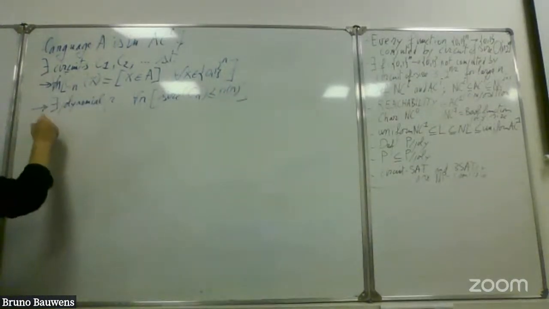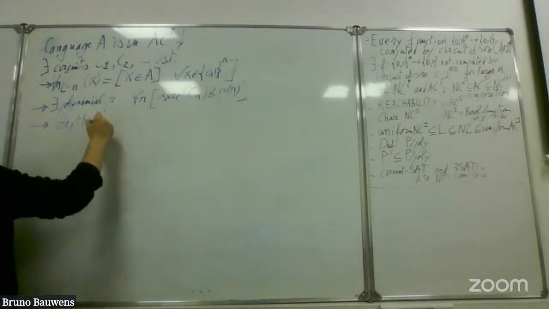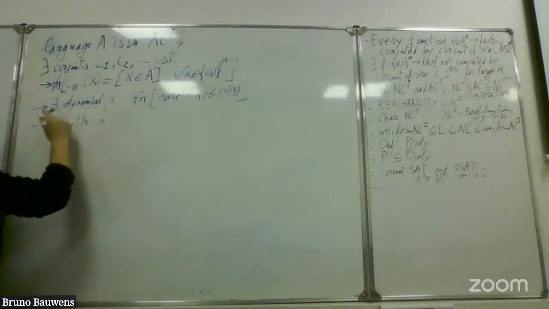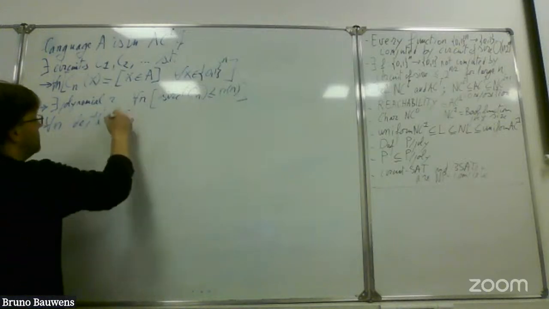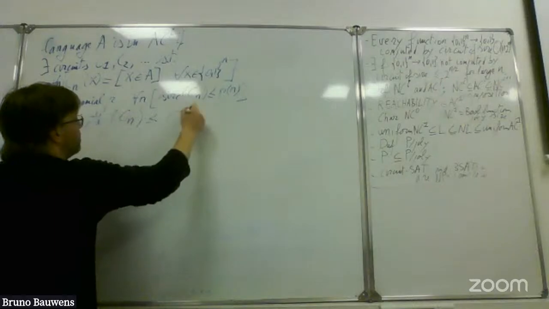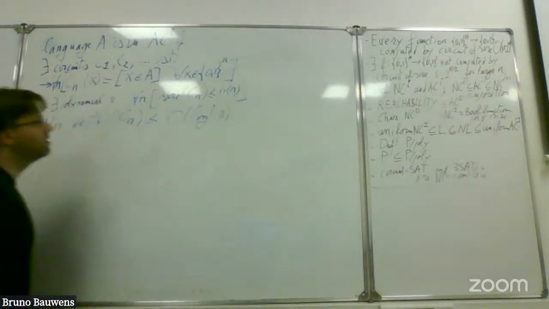And the third condition is depth: for all n, the depth of Cn is bounded by order log to the power i of n. So that's it.